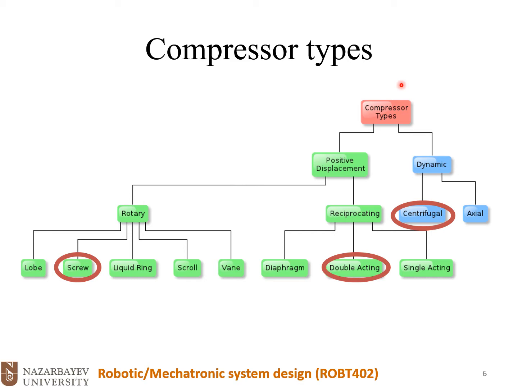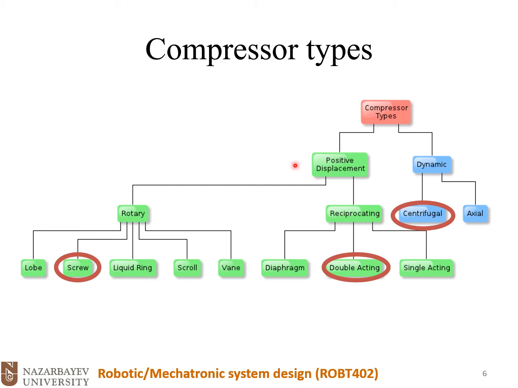Compressor types. We have a huge variety of compressors, and the two main branches are positive displacement compressors and dynamic compressors.